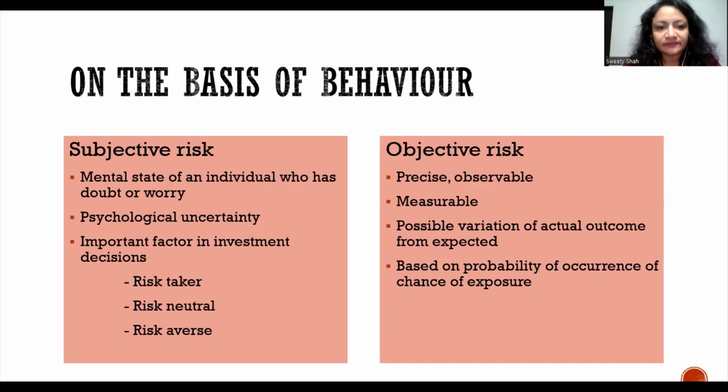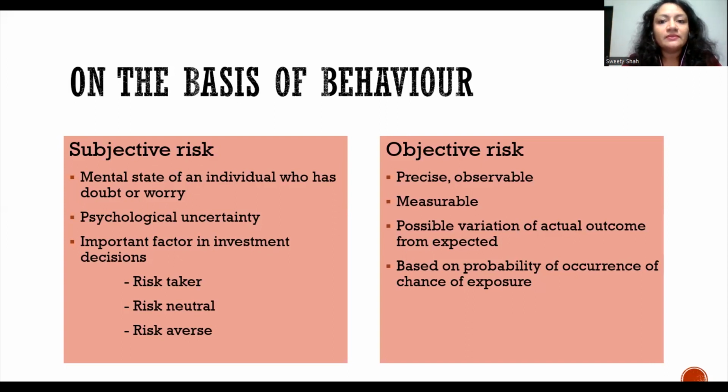Whereas the objective risk is more precise, observable, and thus measurable as well. So, in general, objective risk is the possible variation of actual from expected experience.